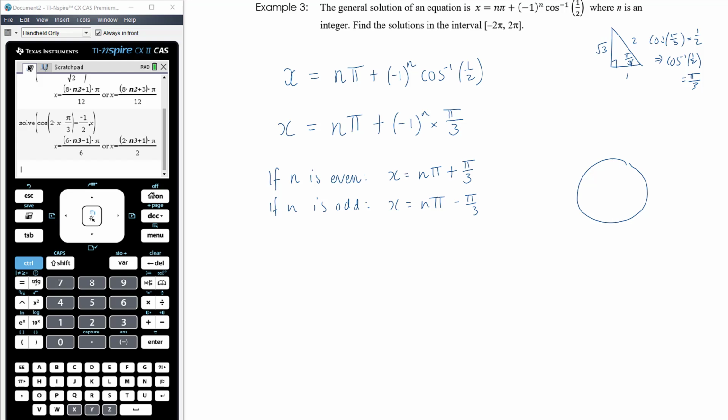Okay, so, sorry, trying to draw a vaguely vertical line. Okay, so if n is even, the solutions will be n pi, so that's an even multiple of pi, which happens around here. Okay, so this is where we get even pi. That is, 0 is not technically even, but 2 pi, 4 pi, 6 pi, negative 2 pi, etc. Okay, and we want even multiples of pi plus pi on 3.